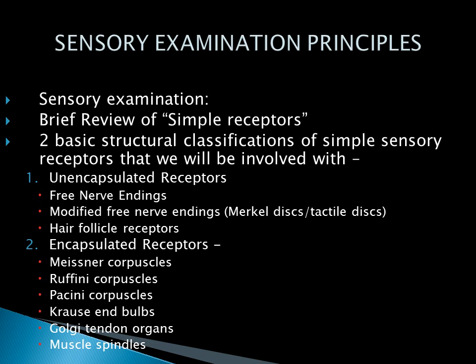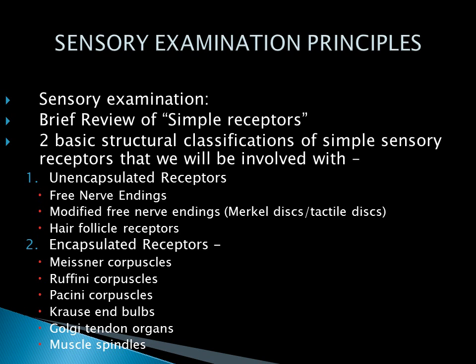And then we have slightly more complex simple sensory receptors that have modified receptive endings that are encapsulated in either fibrous tissue or membranes. There are several different types of encapsulated receptors, including Meissner's corpuscles, Ruffini corpuscles, Pacinian corpuscles, Krause end bulbs, Golgi tendon organs, and muscle spindles.